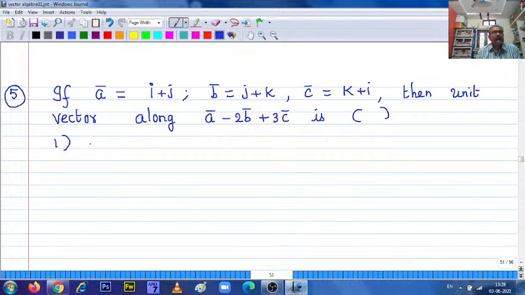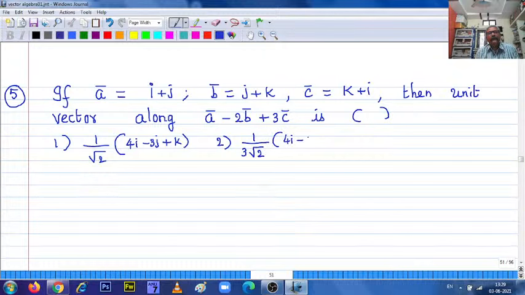First option 1 upon root 2 times 4i minus 3j plus k. Second option 1 upon 3 root 2 times 4i minus j plus k.